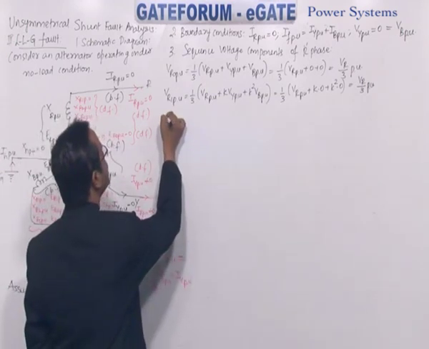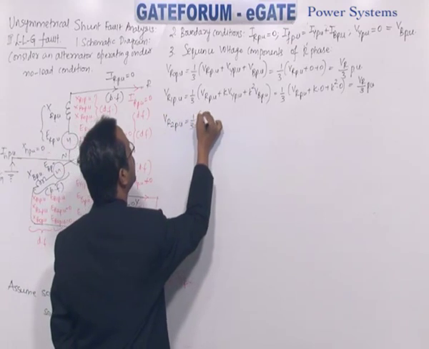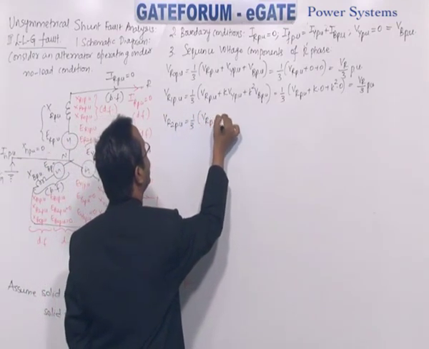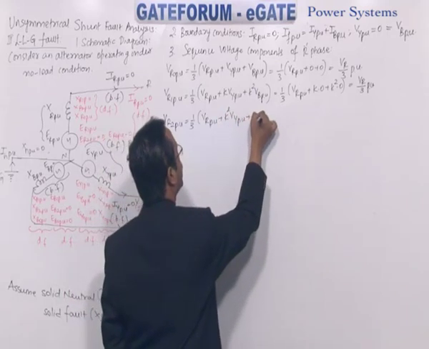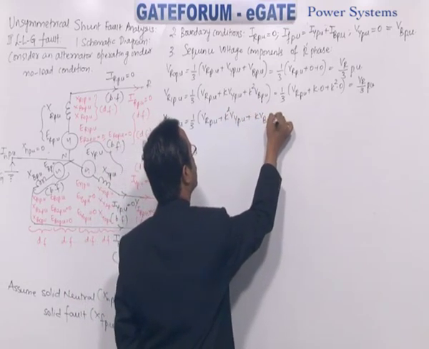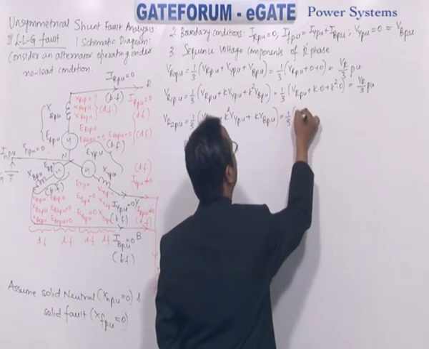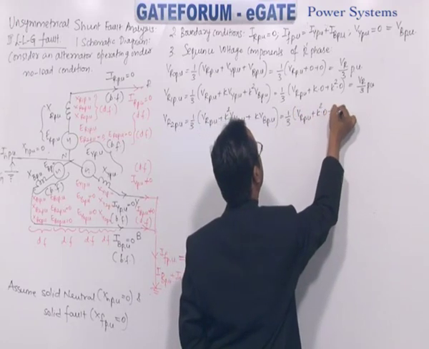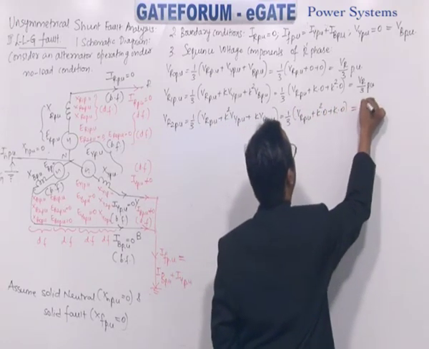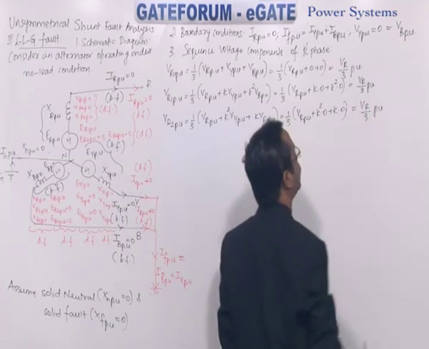Now you find what is VR2 per unit. 1 by 3 times VR plus K square VY plus K VB. VY is 0, VB also 0. How much do you get now? VR by 3 per unit.